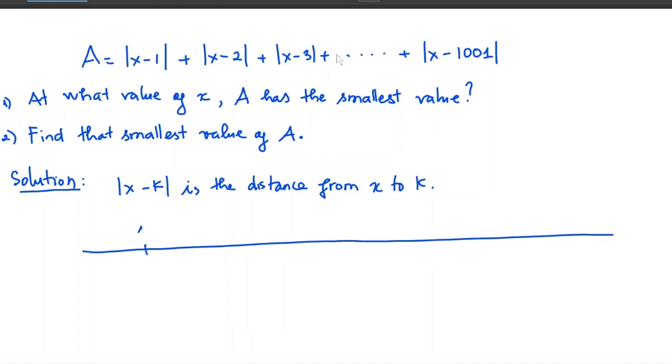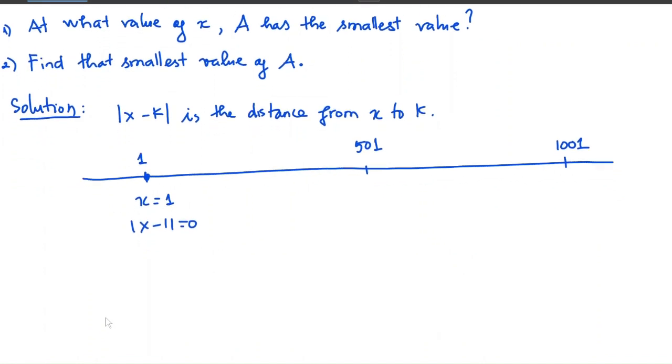Suppose we have 1 here and 1001 over here. Between 1 and 1001 we have 1001 numbers, and the one in the middle is 501, right? If we have x, for x equal to 1, then the distance from 1 to 1 is 0. The distance from 1 to 2 is 1.